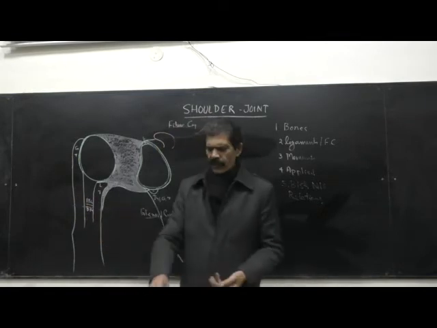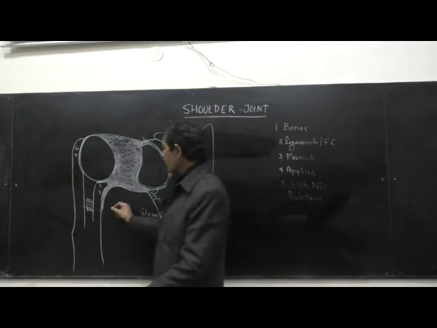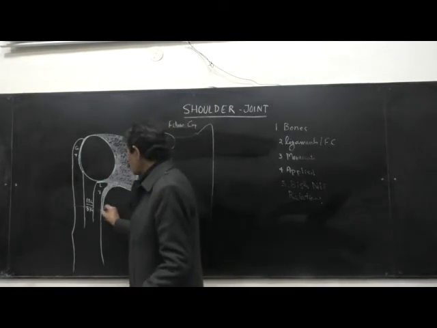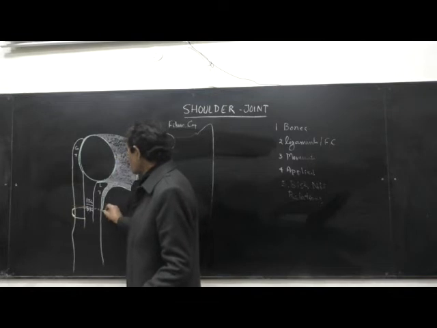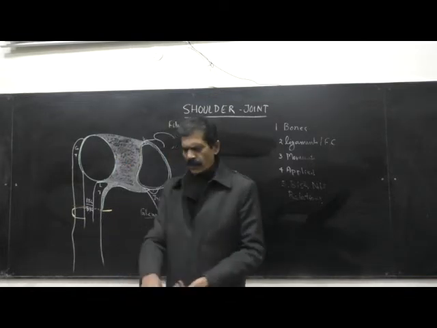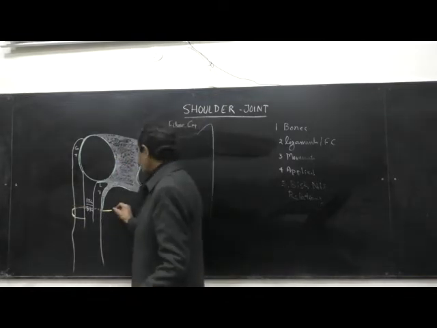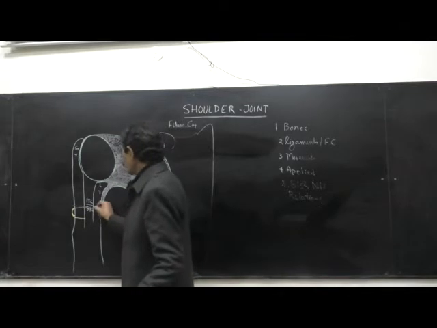Why? Because we know that the surgical neck of the humerus is touched by the nerve that is called the circumflex nerve, or what is called the axillary nerve, along with the posterior circumflex humeral vessels.